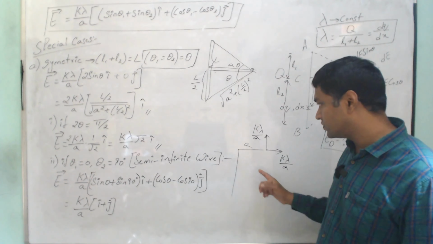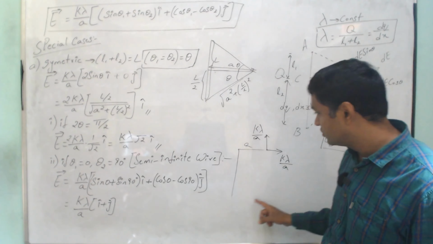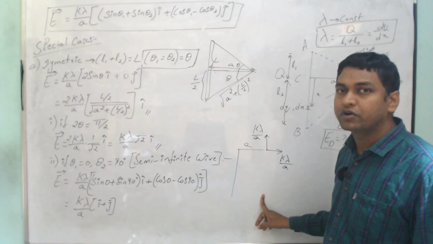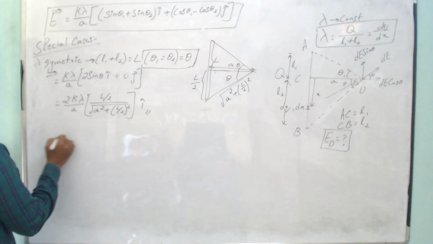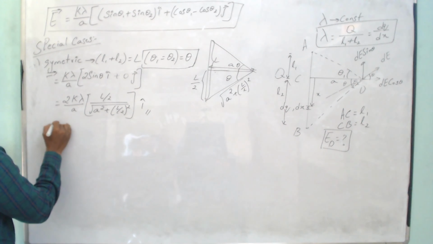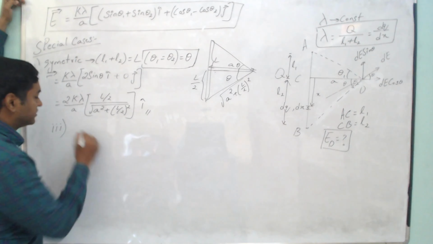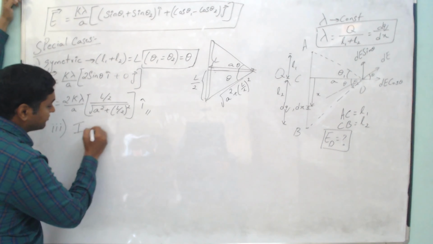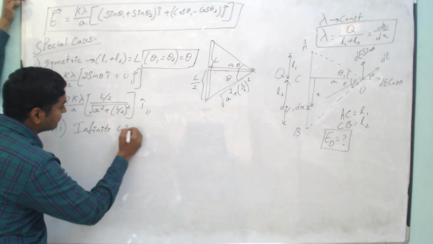So what I'm trying to say is that the reason I drew this right now is also important, because we are going to play with these things. So I have a third subcase where we have points at infinity, so we call it an infinite wire.